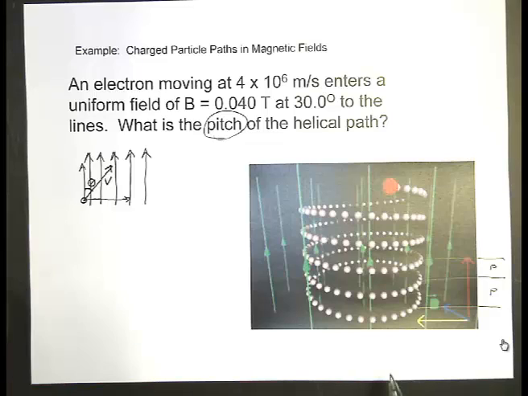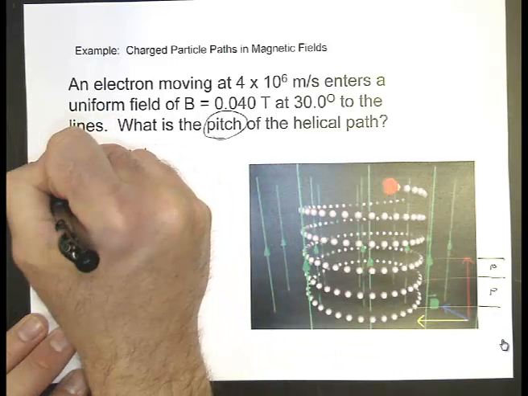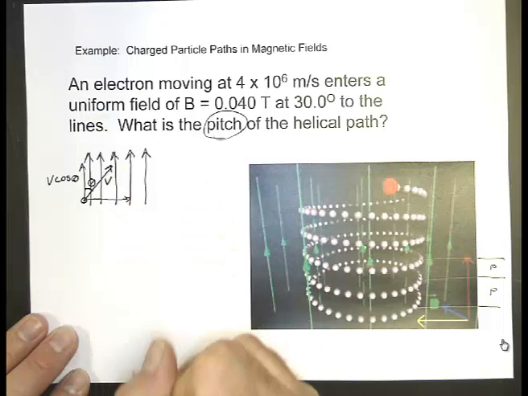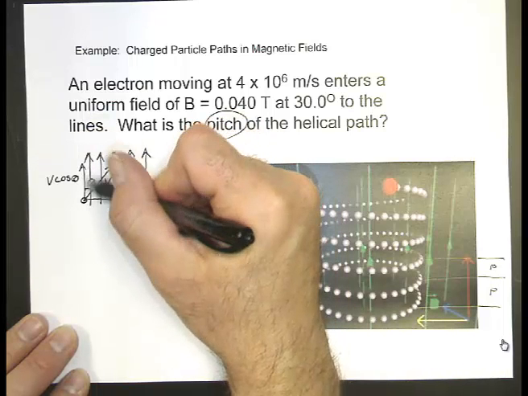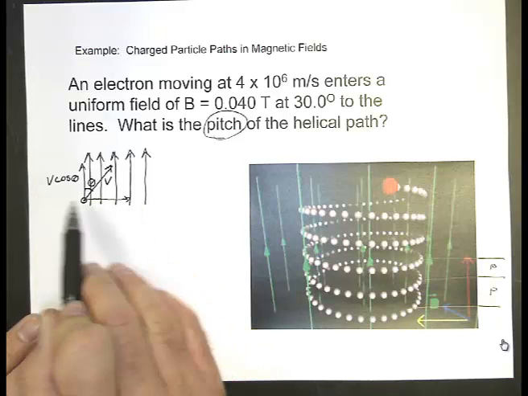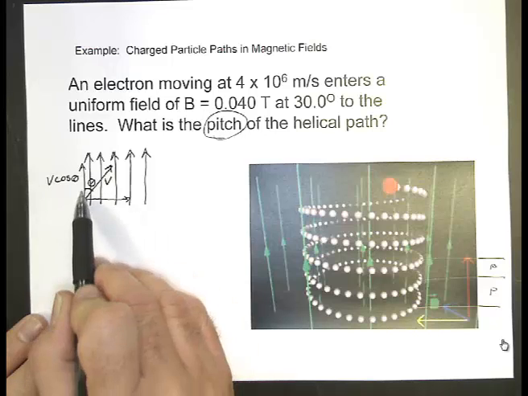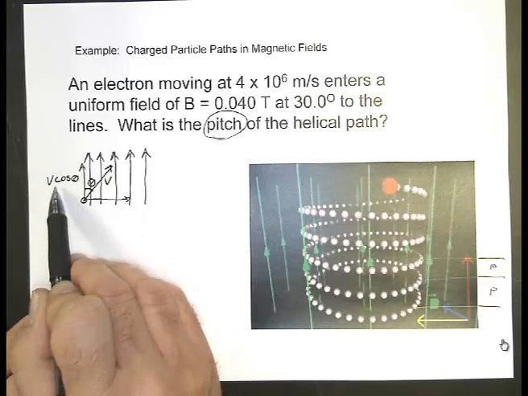So in order to come up with this pitch, we're going to say, okay, the velocity this way is v cosine theta. I'd like to know how far this way the electron moves in the time it takes to make one circle. That will be the pitch. As it makes one circle, it moves upward at this velocity.